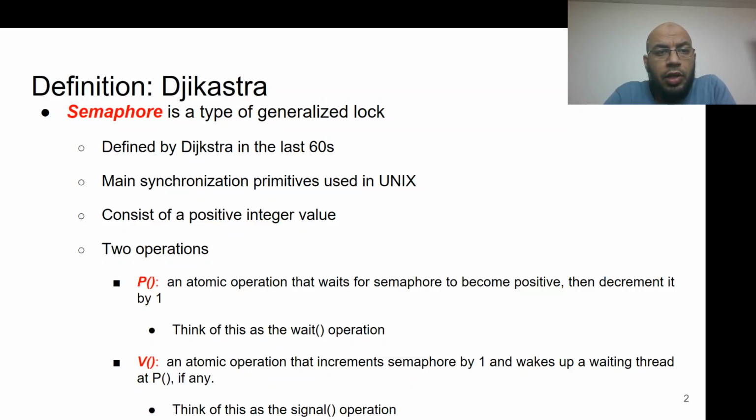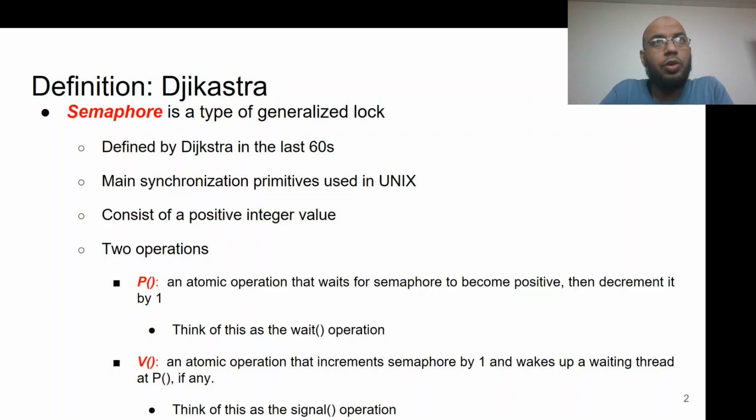They were invented by Dijkstra, a Dutch computer scientist, probably one of the most well-known computer scientists that ever lived. It's one of the main synchronization primitives used in Linux and Unix. And this is basically how Dijkstra first envisioned them. How they are implemented is a bit different, and we're going to look at the difference.